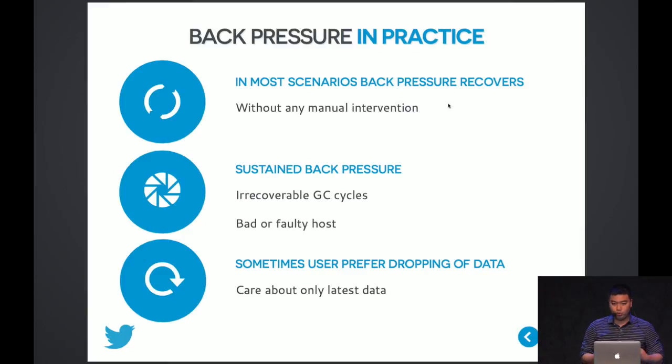We have to do some rescheduling for that particular container. And also sometimes users prefer dropping data because they care about the latest data, as we talked about. They may not want to ask the sender to slow down. So sometimes they need to manually restart the container, the bad instance.